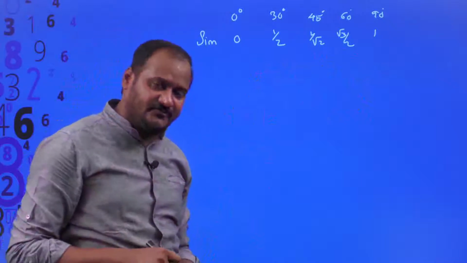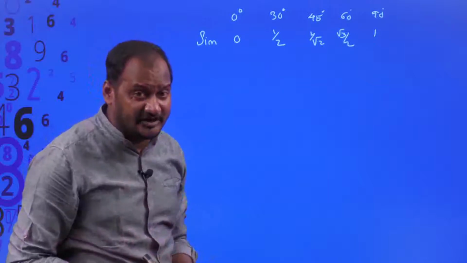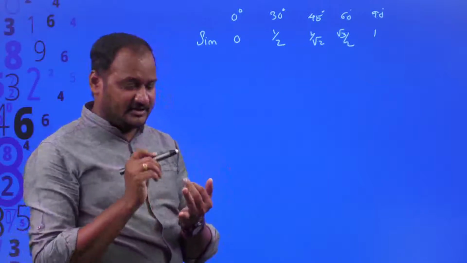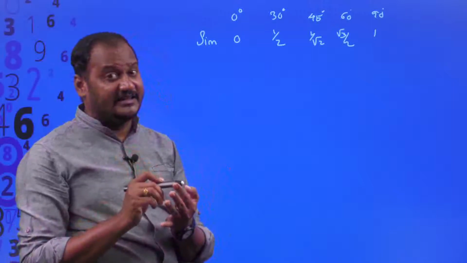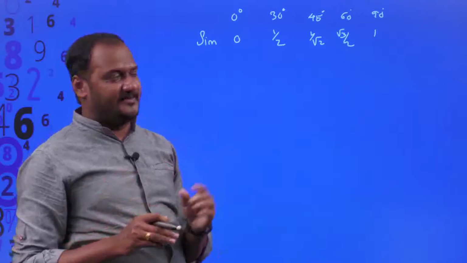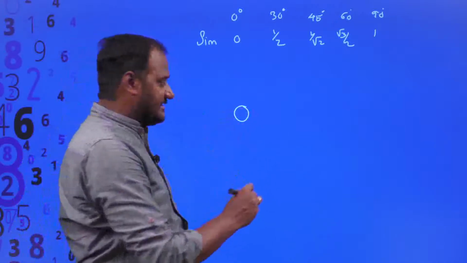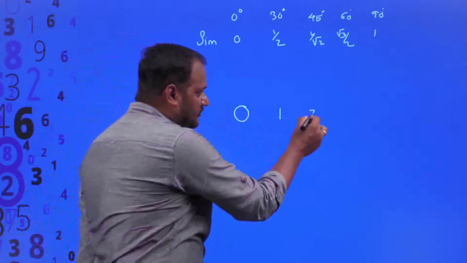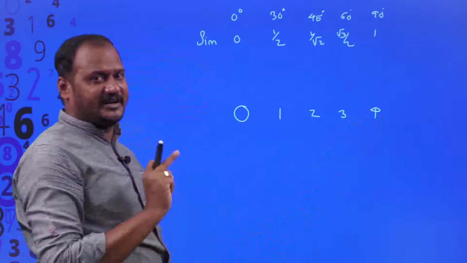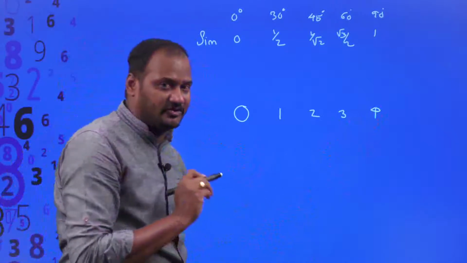You have the first 5 whole numbers. What is the first whole number? 0, 1, 2, 3 and then 4. These are the first 5 whole numbers. After writing the first 5 whole numbers, divide every single number by 4.